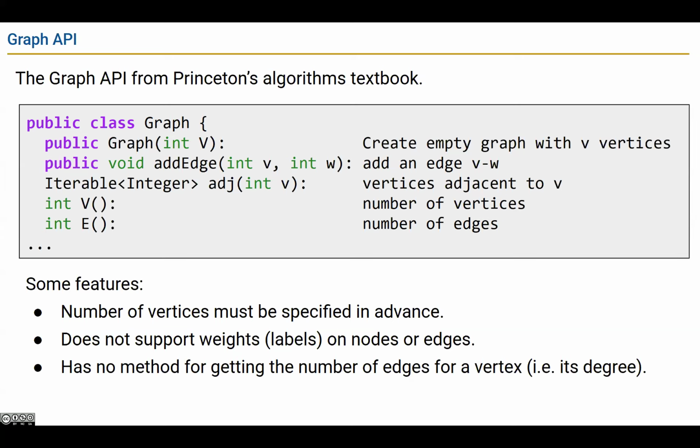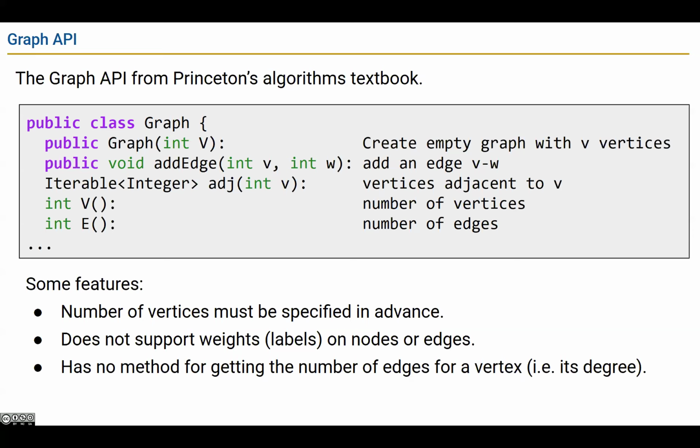We also have the add edge operation, which adds an edge between two nodes. These are simple graphs, so we can't have two edges connecting the same two nodes. I think it'll just override one of them. And you can't have self loops, like a loop that connects node 1 back to node 1. That's not allowed.